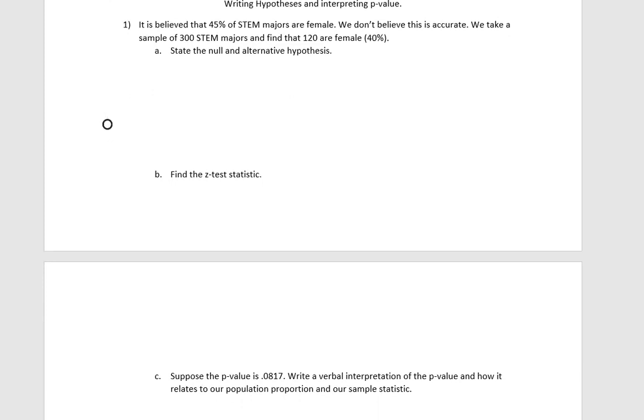So, it is believed that 45% of STEM majors are female. We don't believe this is accurate, so what we do is we take a sample of 300 STEM majors and find that 120 are female, so that's 40%. So first, the null hypothesis is that nothing has changed. So we still assume that status quo, that it's 45% female. And our alternative hypothesis, well, we just said we don't believe it's accurate.